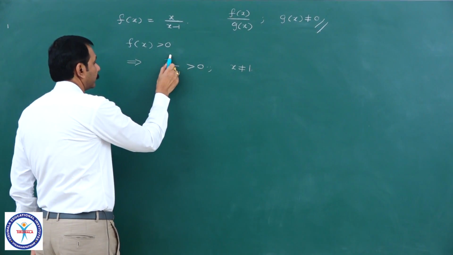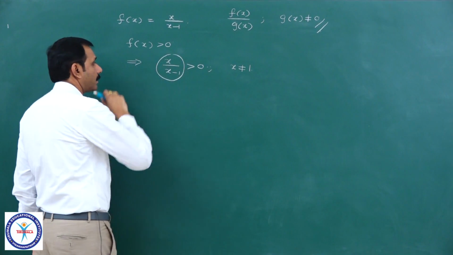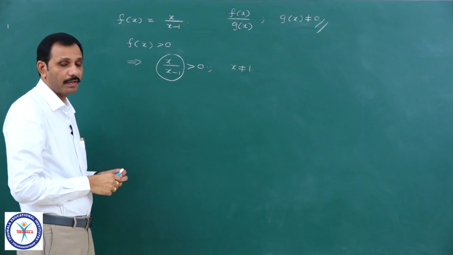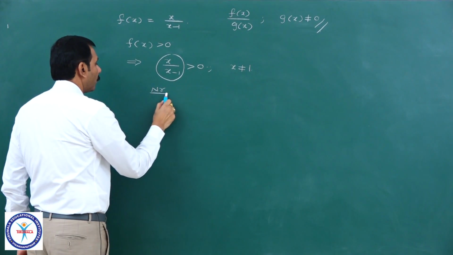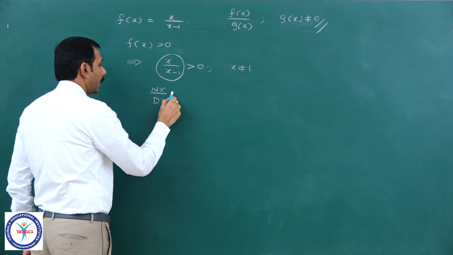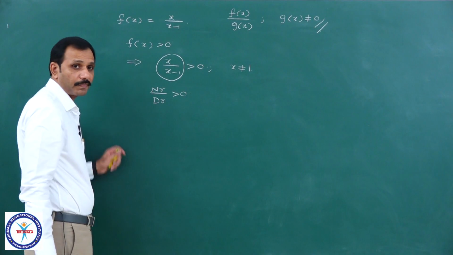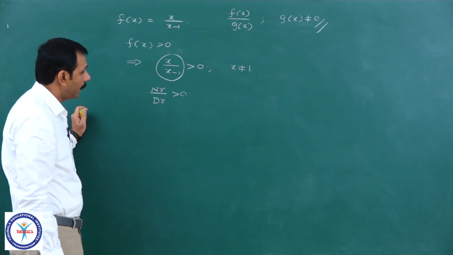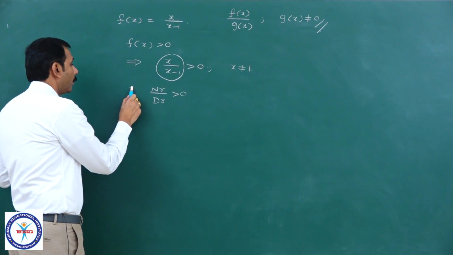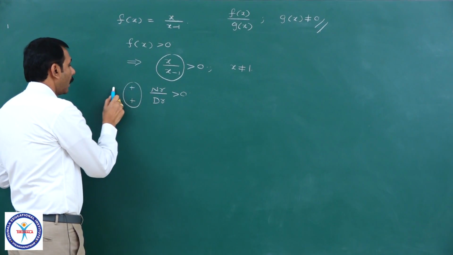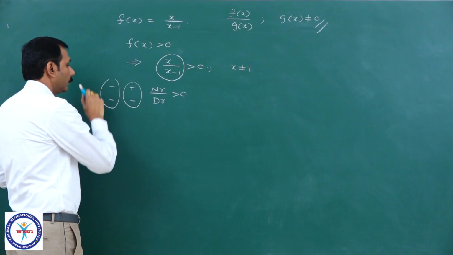Observe this. x by x minus 1 greater than 0 we want. That is, it is of the form numerator by denominator greater than 0. For numerator by denominator greater than 0, you can observe either both are positive or both are negative.